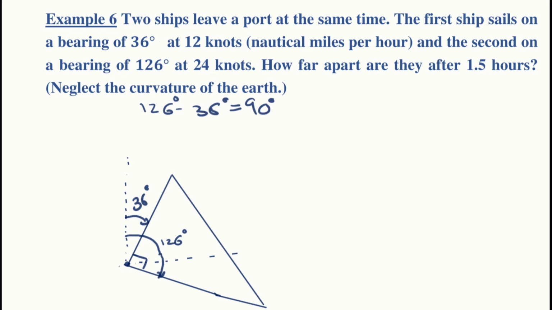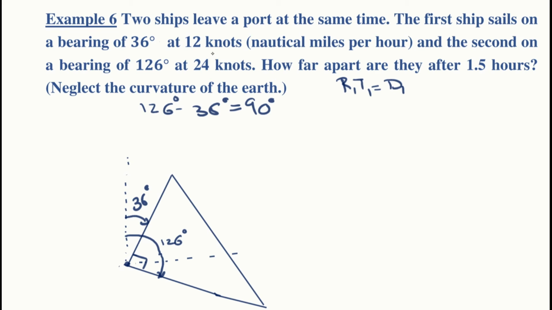All right, so this ship that goes in this direction is traveling at, so let's go, rate 1 times time 1 equals distance 1. We're going to calculate the distance for the first ship right here. It's traveling at 12 knots for 1.5 hours.